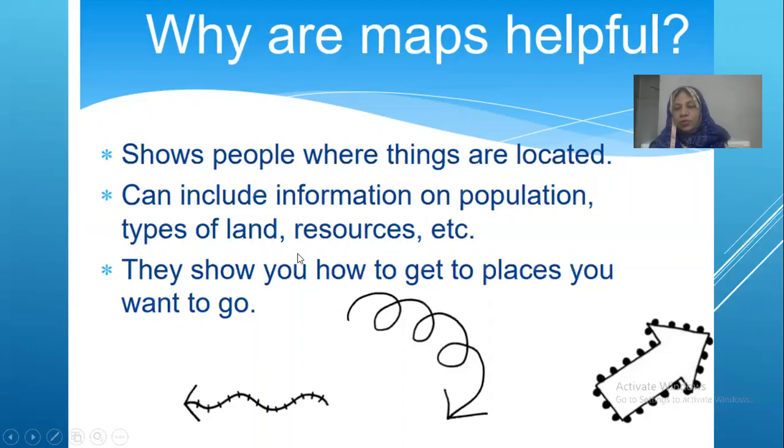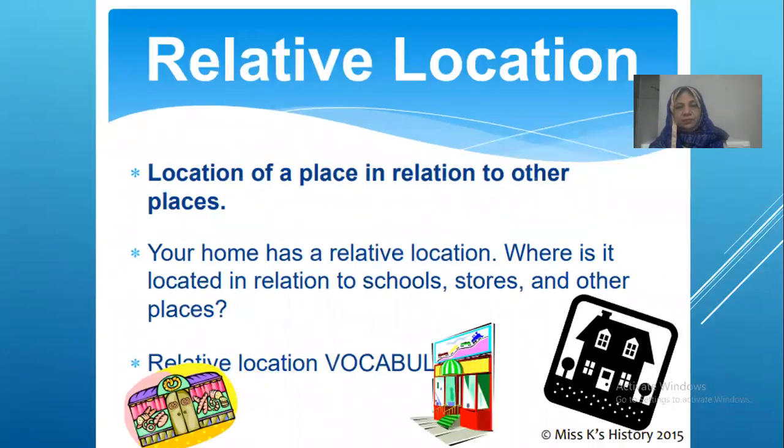They show you how to get to places you want to go, and we can also get the exact information to reach a place. Relative location is the location of a place in relation to other places.